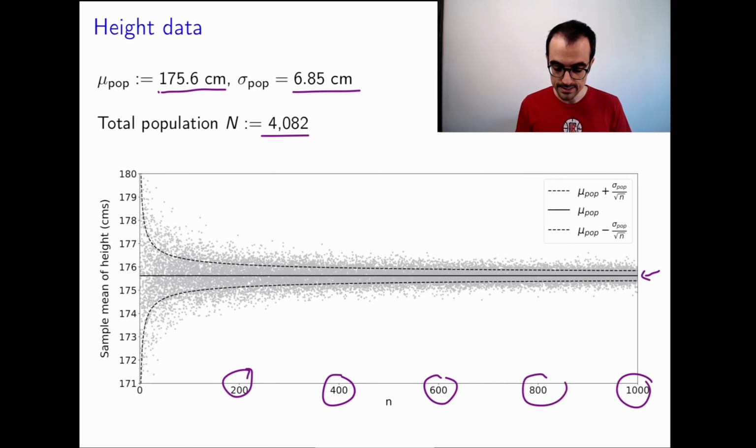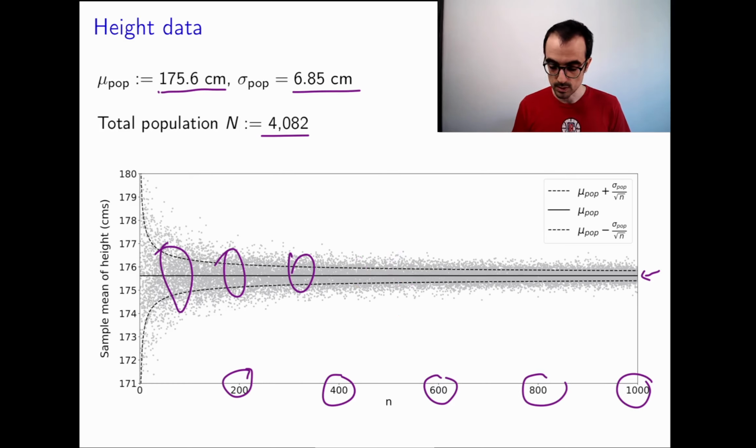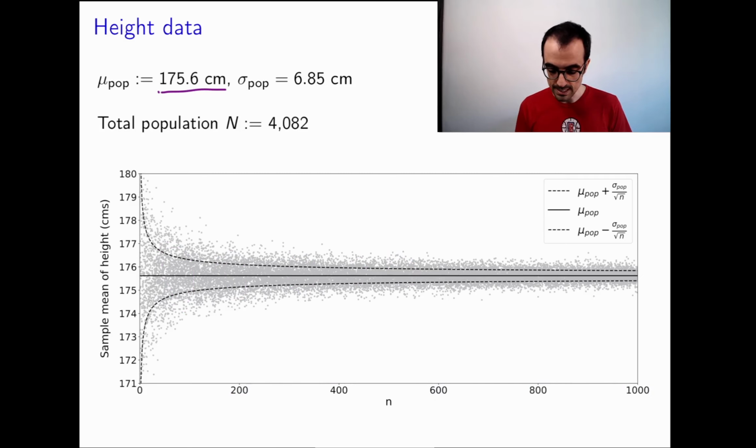And what we saw is that indeed, when we look at the variance of the sample mean, as n increases, the variance becomes smaller. Now what we're asking is, sure, but what if we're interested in the probability that we have a certain deviation? So imagine that you have the probability that you deviate by 1 centimeter.